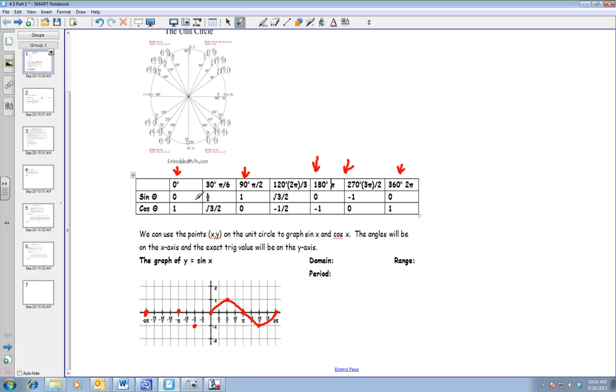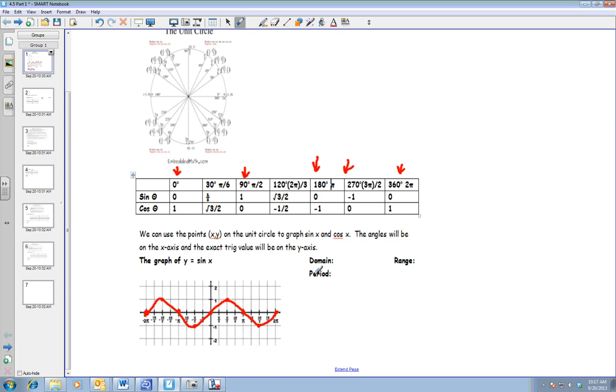My sine value is 1. So you see how if I continue this curve on, there is my graph of sine x from negative 2 pi to positive 2 pi.